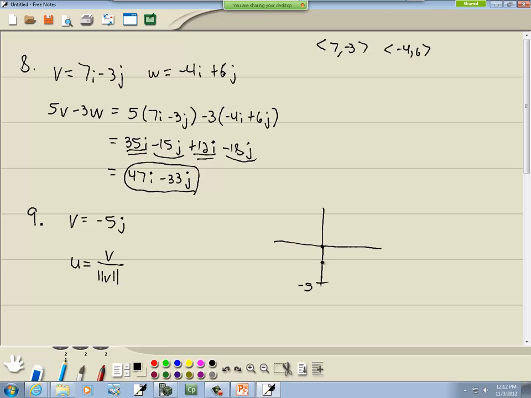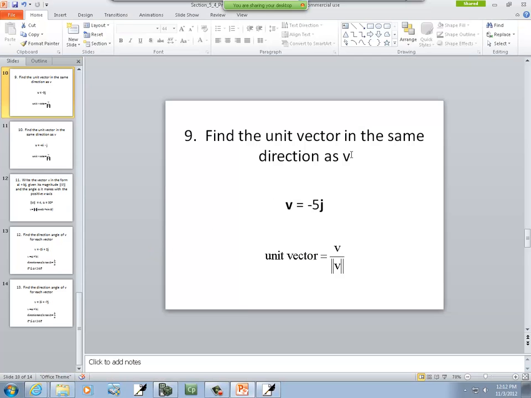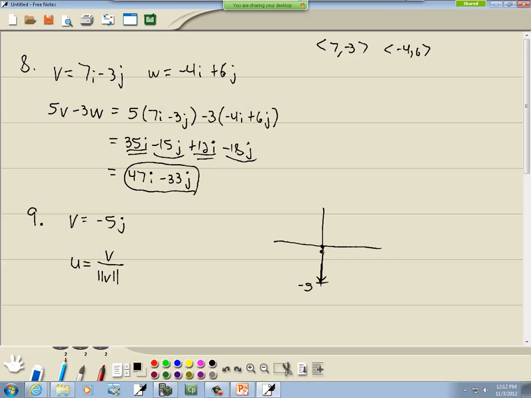So there's our vector. And we want a unit vector. Unit vector means a distance of 1, in the same direction as this. Well, this one is pretty easy. If I want it in the same direction as this, and I want it to be a unit vector, then it would look like this. And I see that my unit vector is negative j.